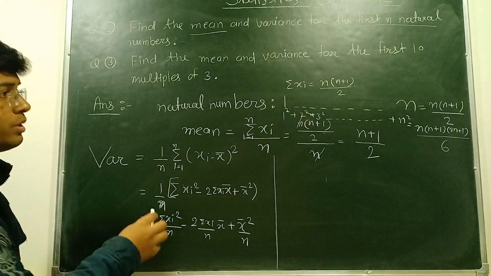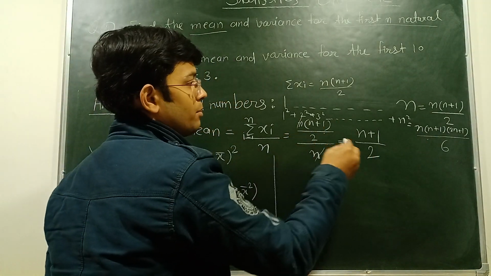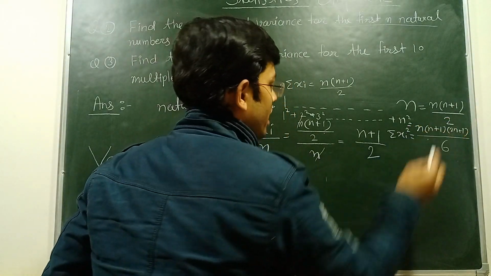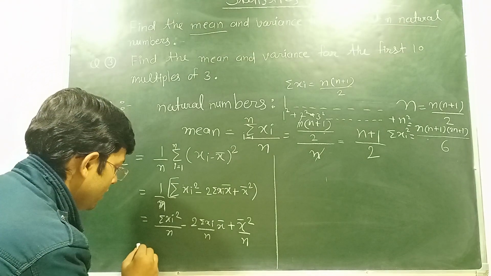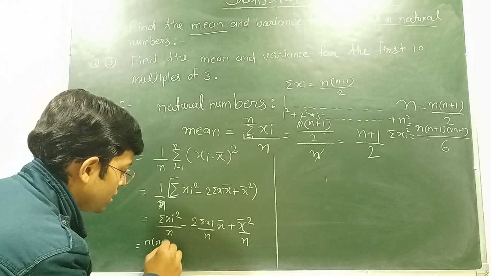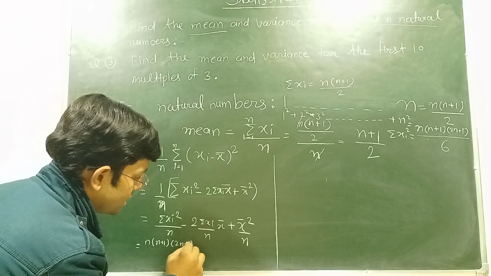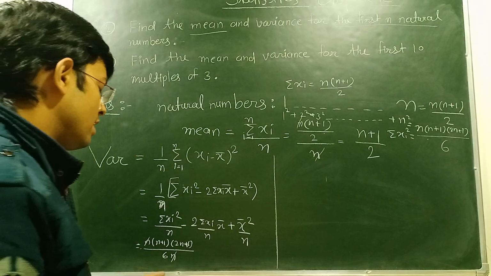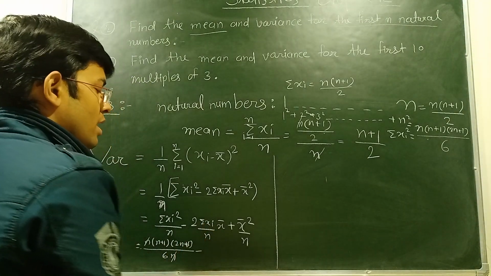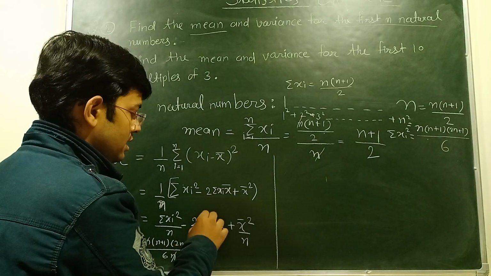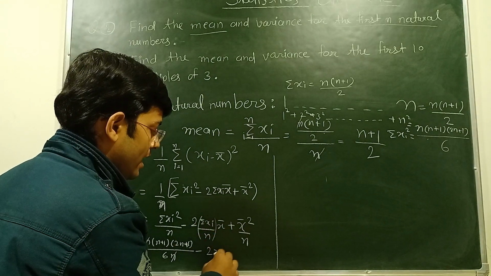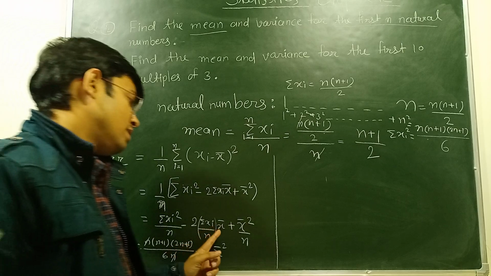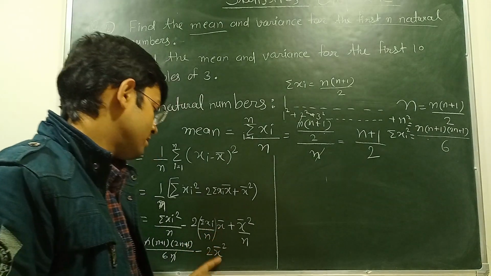Now in place of sigma xi square, sigma x square is equal to n into n plus 1 into 2n plus 1 upon 6, and n. So n and n cancel out, and minus 2 x bar. This is the term of x bar, so we can write x bar whole square, because here the 2 x bar exists.